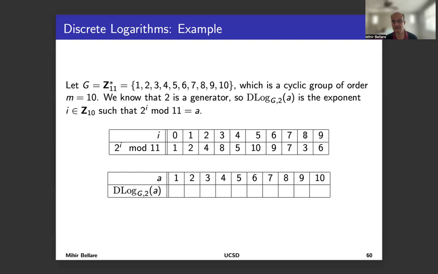Well, it's 8. And so we see that all we're really doing in computing discrete log is writing this table backwards. And so that's what we would get, right? You see that over here, we're just saying for anything, say 6, you index into here, look for a 6, and whatever is above it is what goes here. And that's the sort of intuitive way of seeing how discrete logs work.